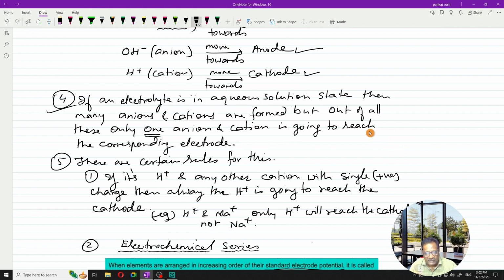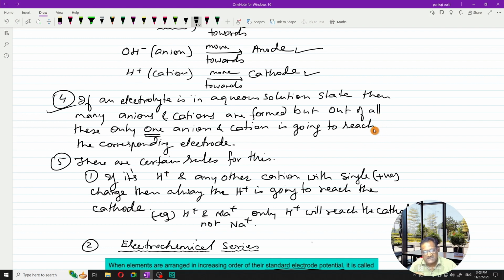But out of these two anions, only one anion will reach the anode, right? And out of these two cations, only one is going to reach the cathode. It's not that both are going to reach, okay?